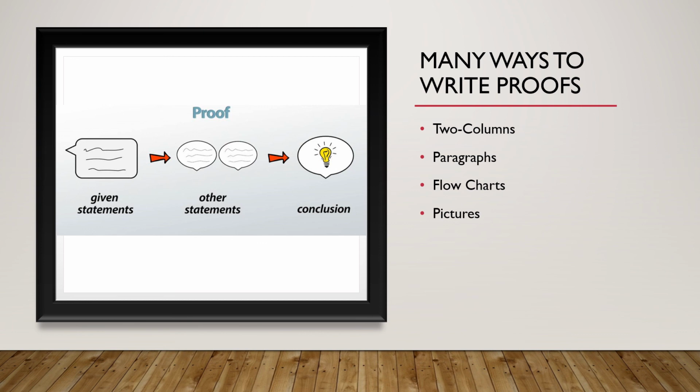If you're more of a visual person, you might like to use a flow chart or even just pictures to show proofs. So we're going to explore all of these types of proof writing in the months to come. But ideally, keep in mind that your proofs need to have given statements combined with other statements, and we draw some kind of a conclusion from those statements.